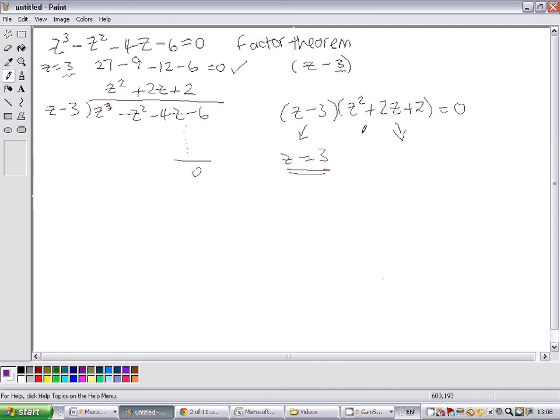When I did it, minus b plus or minus square root of b squared minus 4ac all over 2a.